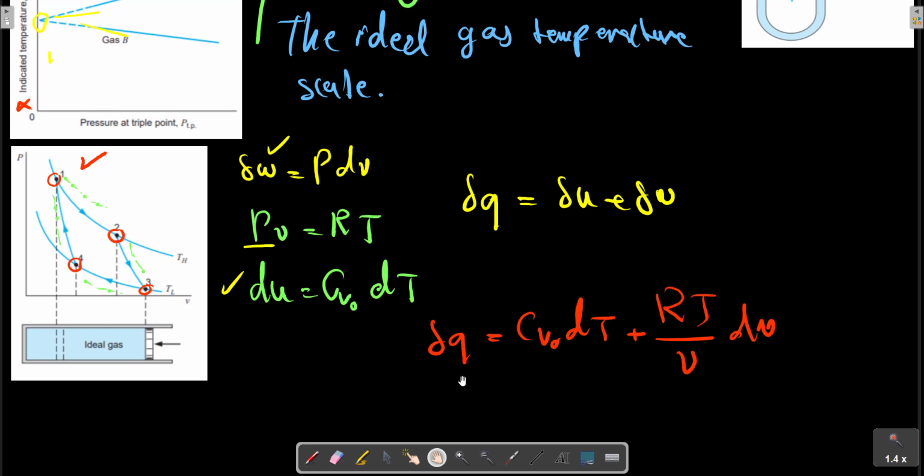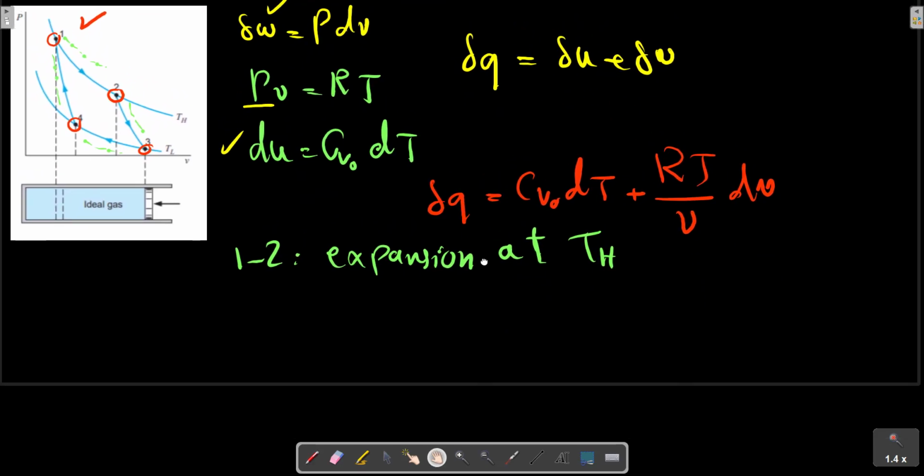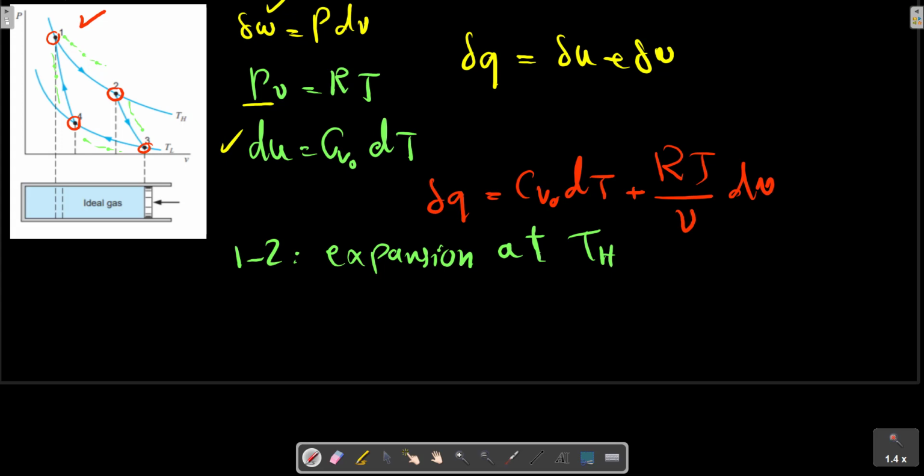Since PV is constant in each case, process 1 to 2 is an expansion at T_H, such that V2 is larger than V1.